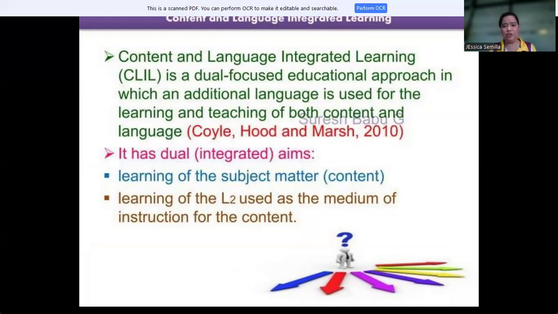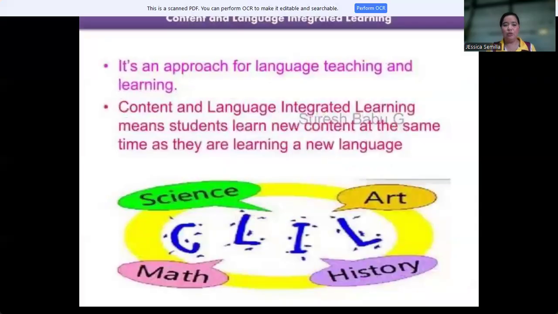On the other hand, you try to look also into the language focus, meaning if there is a grammar focus or other language competencies that you integrate within the content. So when we talk about CLIL, this is an approach for language teaching and learning. So content and language integrated learning means that students learn new content at the same time they are learning a new language. So again, the content itself is utilized while they are learning the English language through its focus.